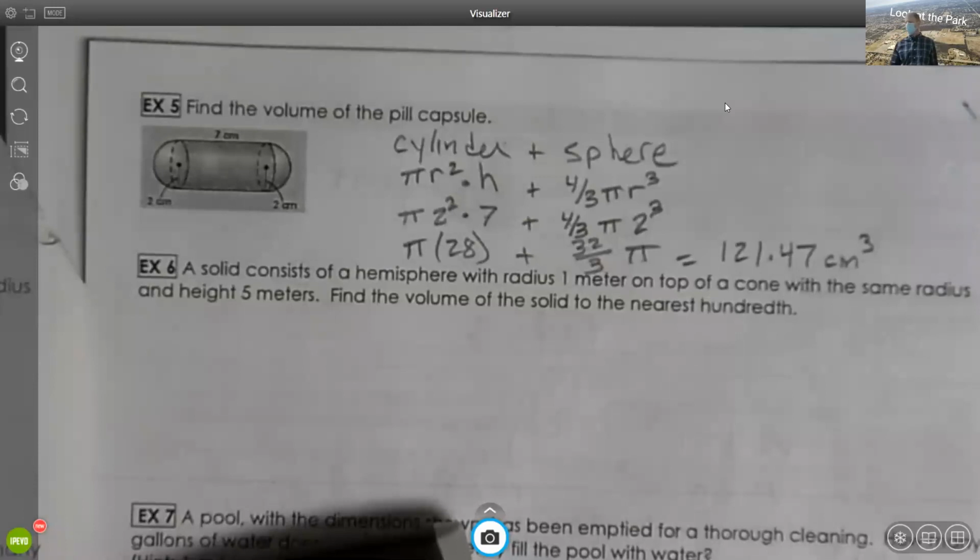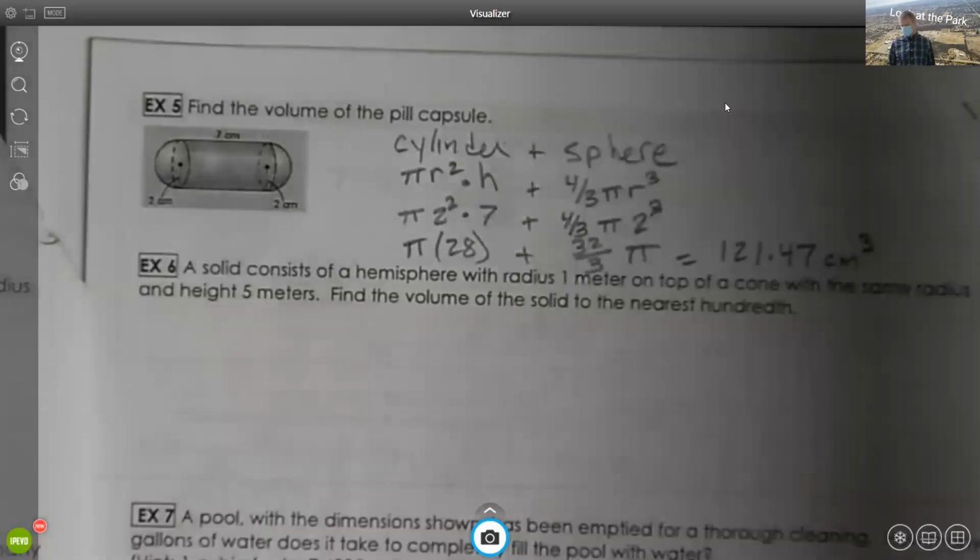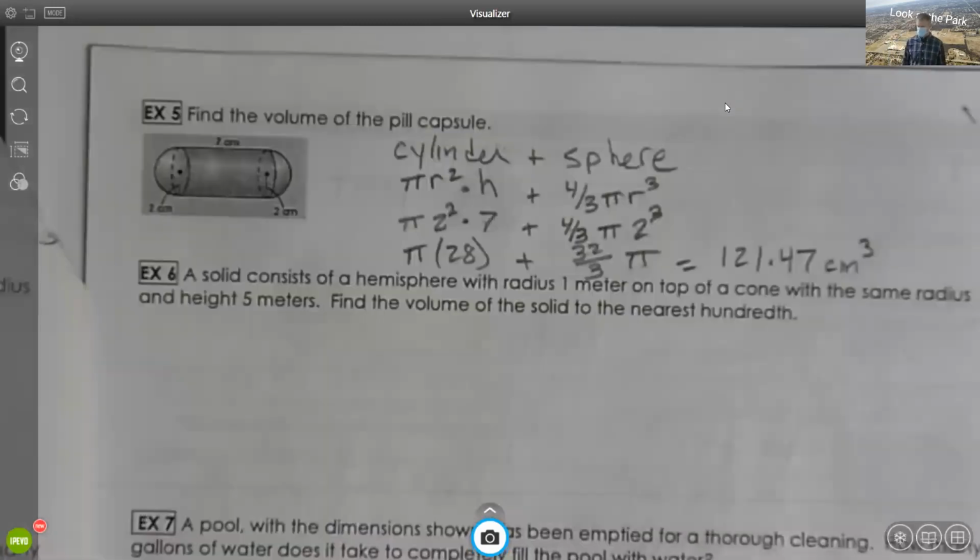So you go ahead and think about this next one. A solid consists of a hemisphere, which is half a sphere, with a radius of 1 meter on top of a cone with the same radius and a height of 5.